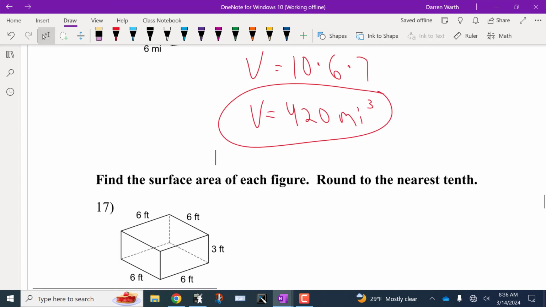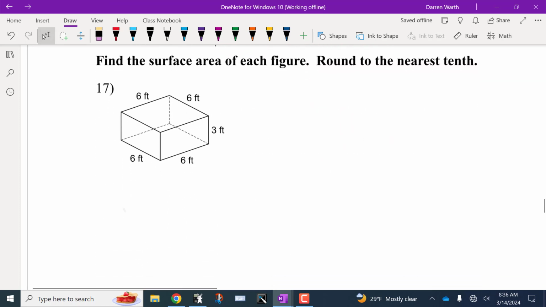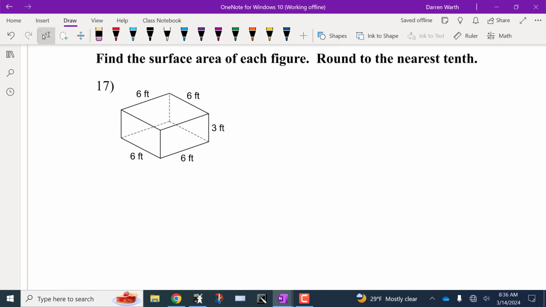Number 17 says find the surface area. So remember, your surface area is just going to be your top side area.